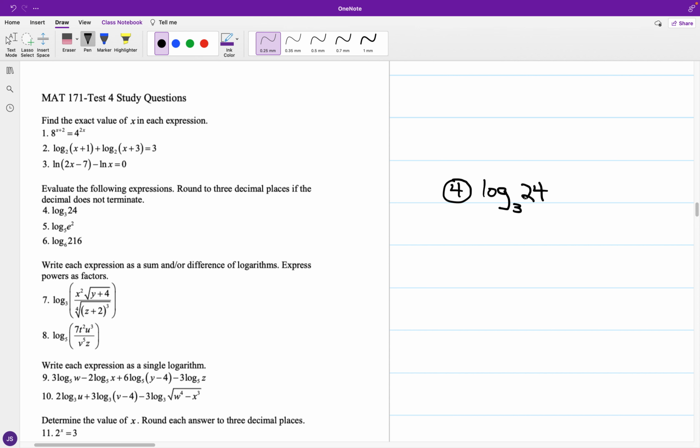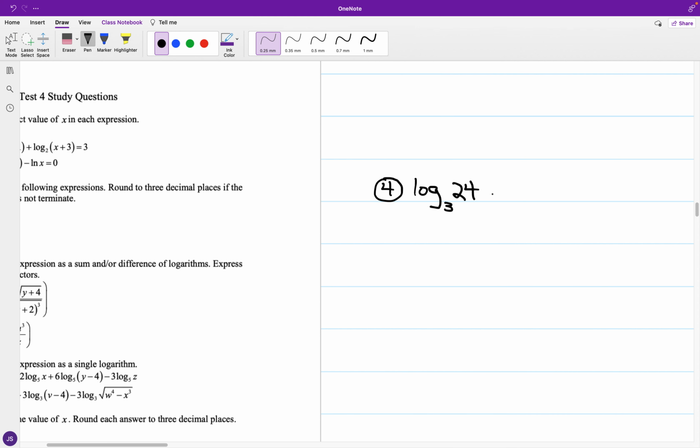okay, so I had the base 3 logarithm of 24. Now 24 is a multiple of 3, but in terms of whole numbers, I cannot reduce this as such because while 24 is a multiple of 3, it is not an integer power of 3. So I can take what I have here. So you have m represented by 24, and 3 is going to represent a.